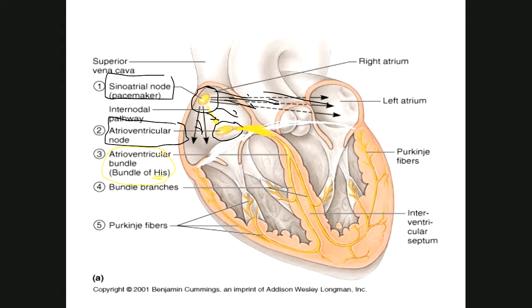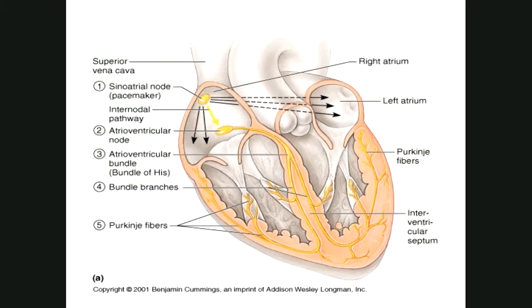And then the AV bundle is going to go down. It's going to go all the way to the tip of the heart. And then it's going to turn around and come back up. So first, that AV bundle is going to split. And we're going to get two bundle branches, a right one and a left one. So here's a branch and here's a branch.